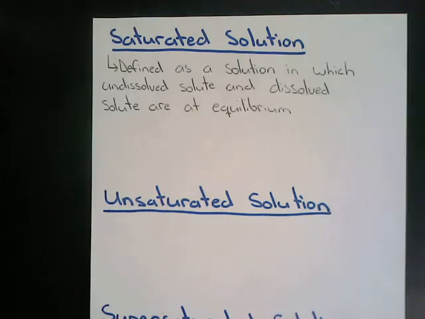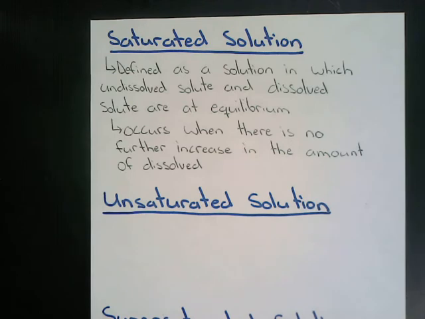To put it simply, this is going to occur when there is no further increase in the amount of dissolved solute. So in a saturated solution, if we added just a little bit more of a solute, it couldn't get dissolved. It would just drop to the bottom because there's not enough solvent to surround that particular solute particle.